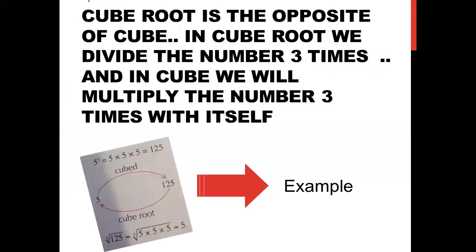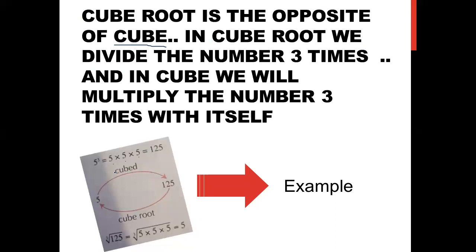The cube root is the opposite of the cube. In a cube root, we divide the number into 3 equal parts. Like this, 5 multiplied by 5 multiplied by 5: 125 is divided 3 times equally.